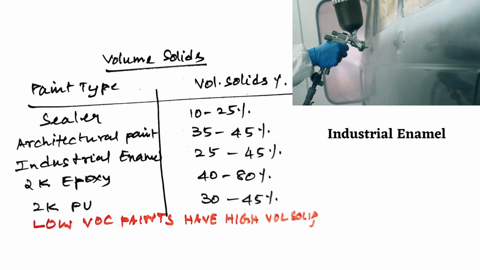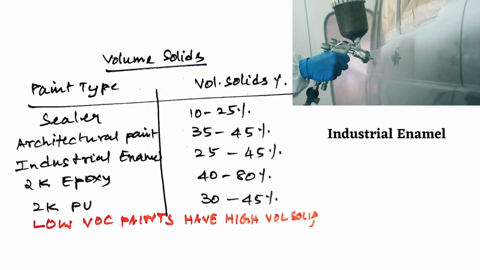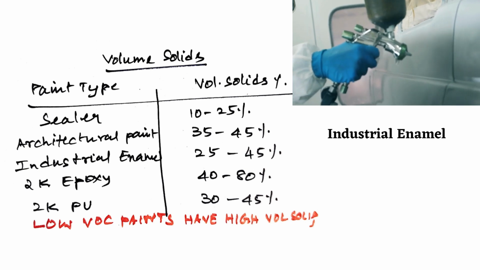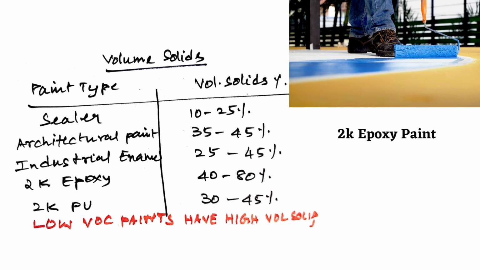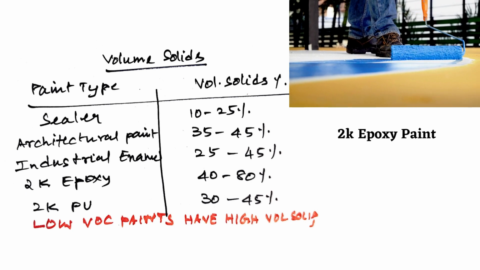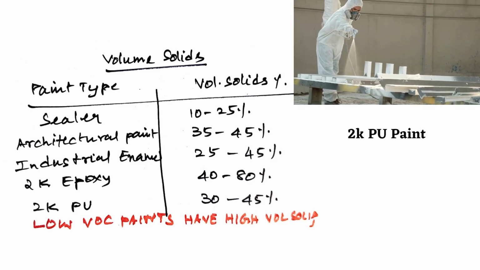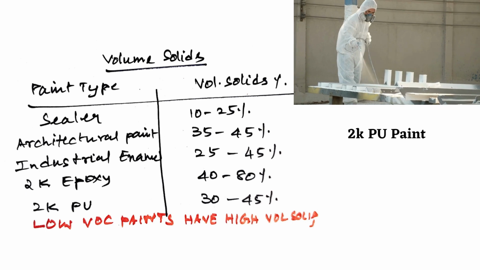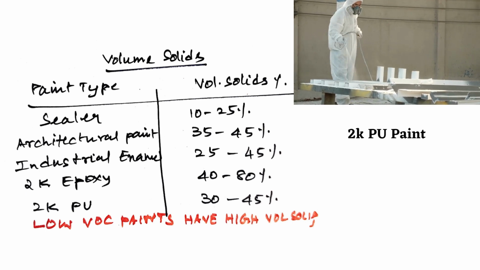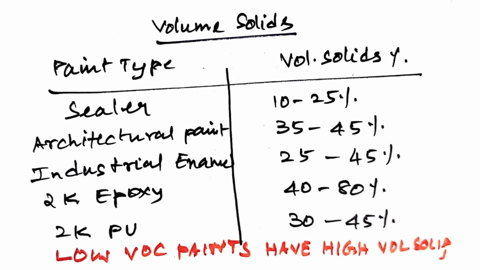Industrial enamels may range from 25 to 45%. A 2-pack epoxy may go up to 80% from 40%. A 2-pack polyurethane may contain 30 to 45%. One thing you have to note down: low volatile content paints will have higher volume solids.